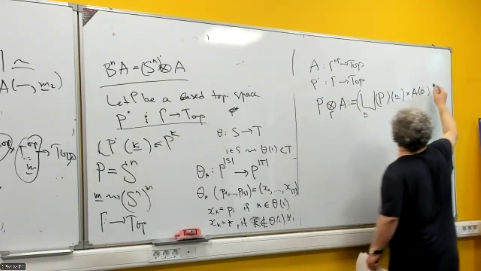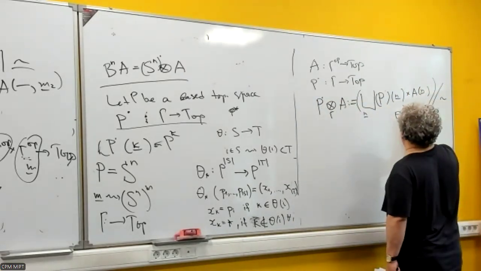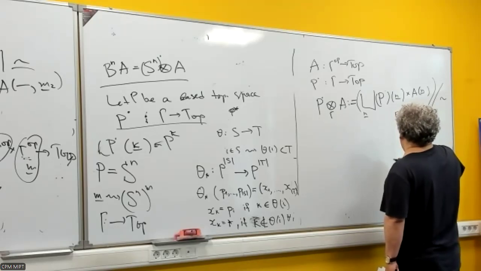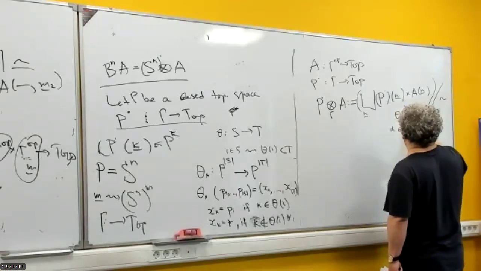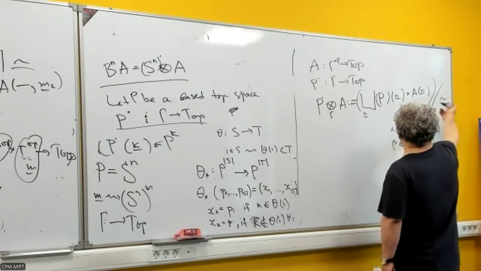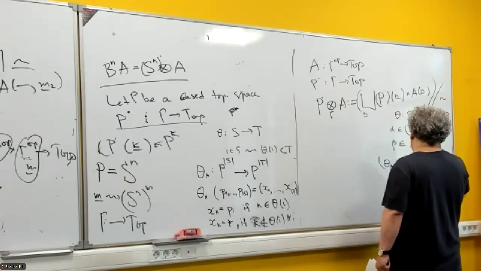And then I take the quotient by a relation, as I did for the realization. For any morphism theta from S to T, for any element alpha in P of S, and for any beta in A of T, this equivalence relation says that theta lower star alpha, beta is equivalent to alpha, theta upper star beta.